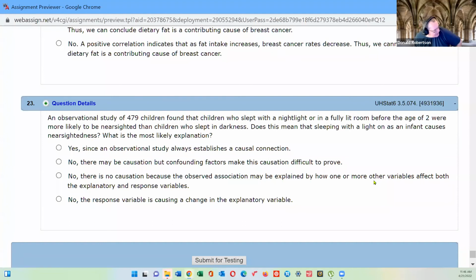No, there may be causation, but confounding variables, another name for a lurking variable, right? There's a confounding factor that may be the cause. So that doesn't prove having a night light on when you're a baby makes you nearsighted, but there might be another variable, a lurking, or as they call it here, a confounding variable.